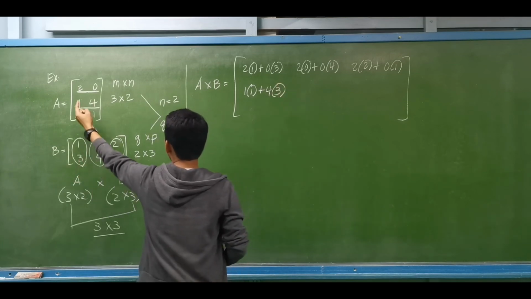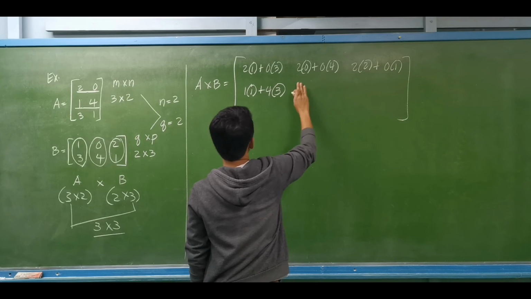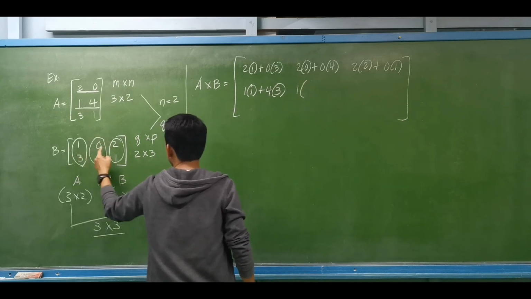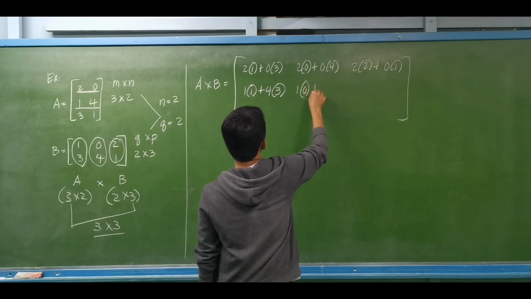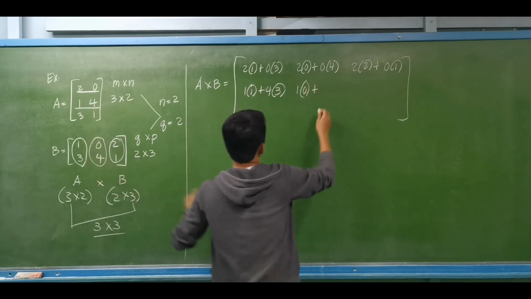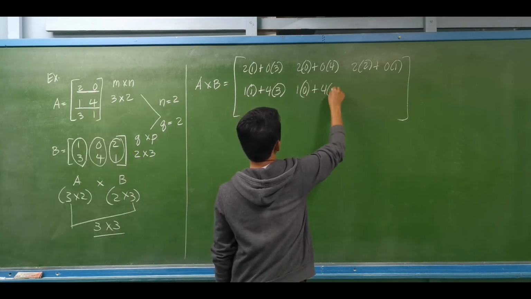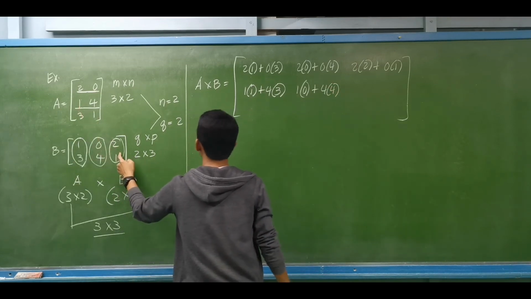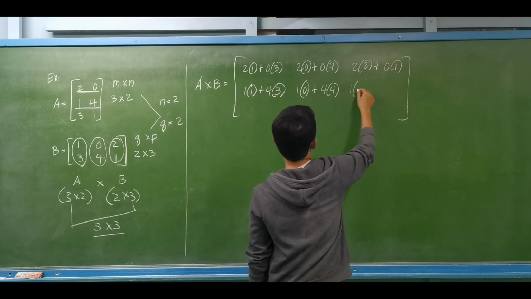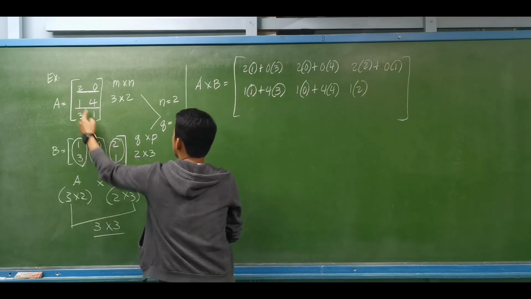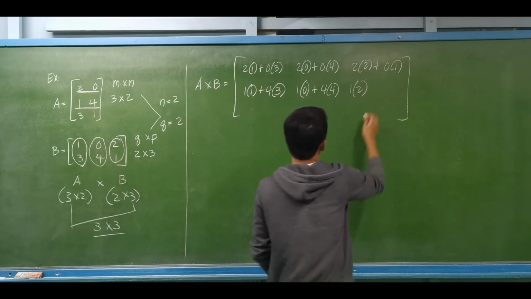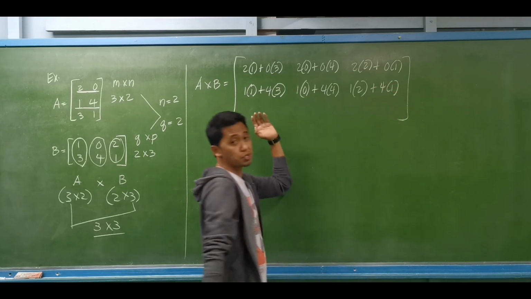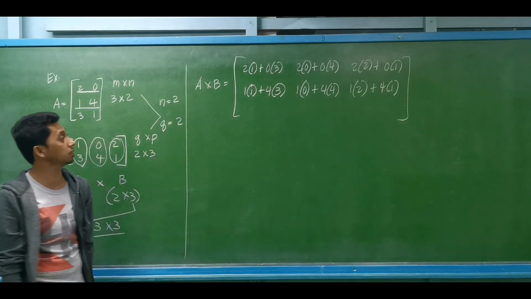Next, the second column of matrix B this time: 1 times 0 plus 4 times 4. Then, second row to the third column, that is 1 multiplied by 2, then 4 multiplied by 1. So that is for the second row of the resulting matrix.